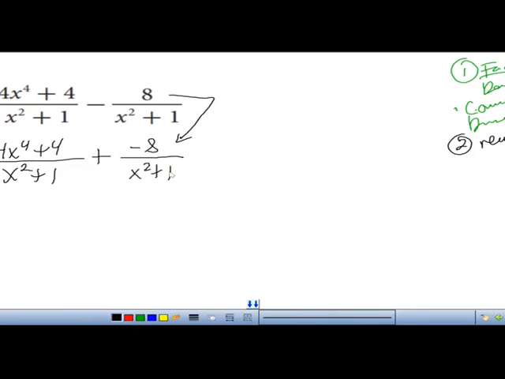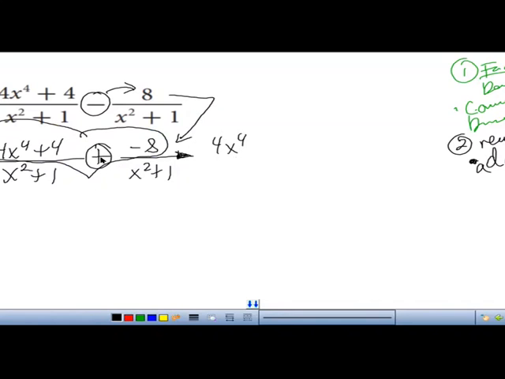You remind me of me in Kinder. Yes, because we need to distribute this negative to the numerator. Is that correct, guys? Yes. So now let's add. What do I do? You add 4 and -8. You combine the numerators, 4 and -8, so that gives us 4x to the 4th minus 4 with the same denominator, x squared plus 1.